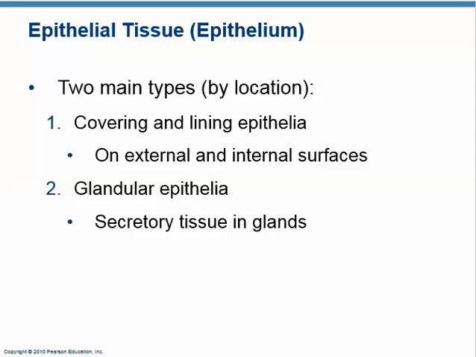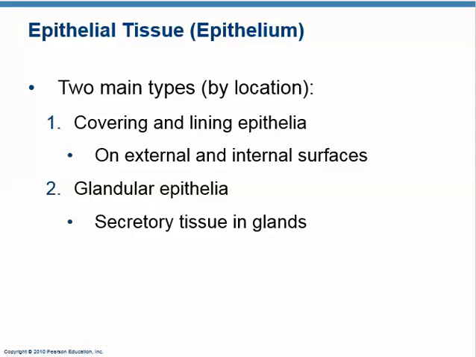And within the body, epithelia line cavities and surround organs. So it's really keeping 2 distinct areas separate from one another. It's its main job. The second type of epithelium is called glandular epithelium, and they really are secretory cells.